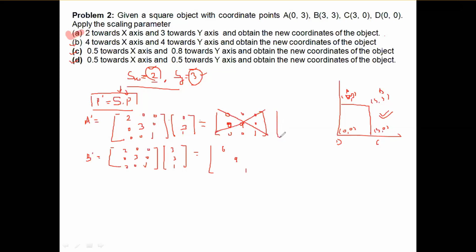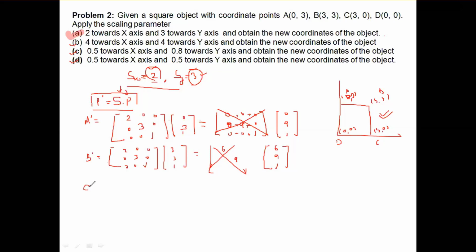This will be the order of 3 into 1 because we are multiplying, and all these values will be added. So after multiplying you will get 6, 9, and 1.